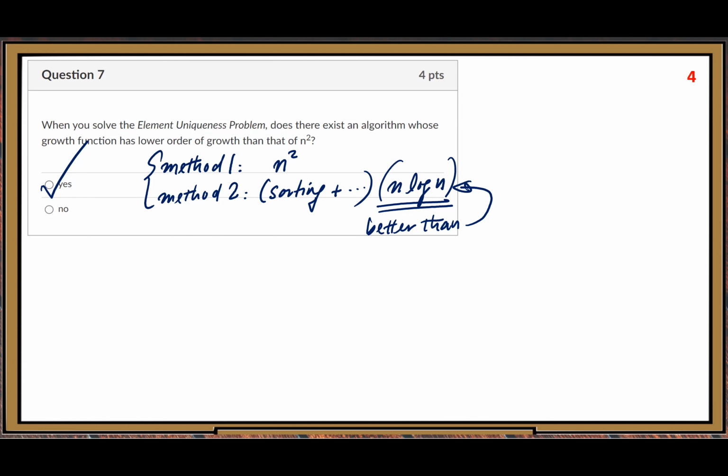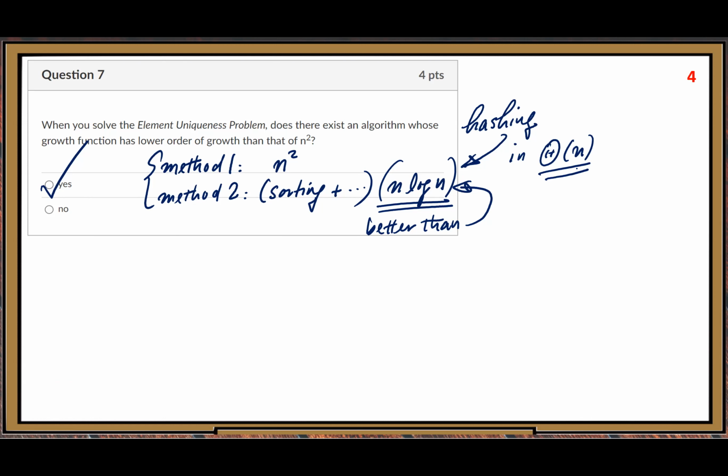Later, when we learn another special algorithm, hashing, some of you may know it, then we can do better. We can do it in big theta of n.